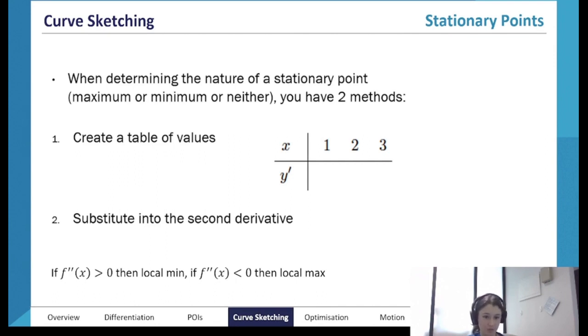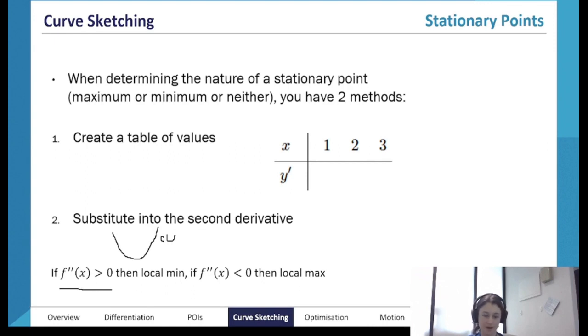The second option is to use what we call the second derivative test, where we substitute the x value that we found into the second derivative. The reason this works is that remember, our second derivative tells us about the concavity of the curve. I'll draw this for you guys: if our curve is a local minimum, then it's going to be concave up, which means our second derivative is greater than 0.